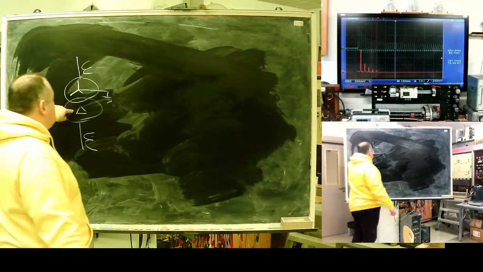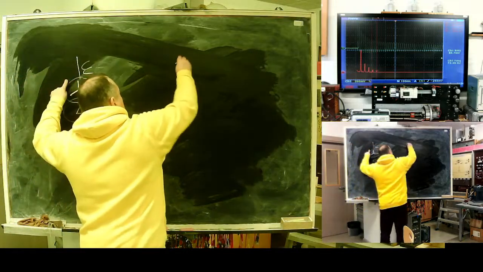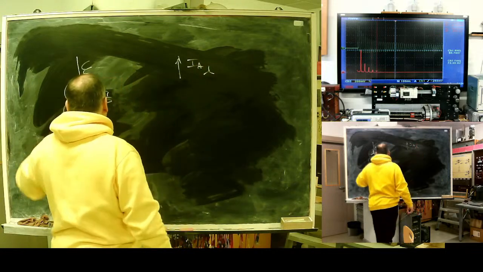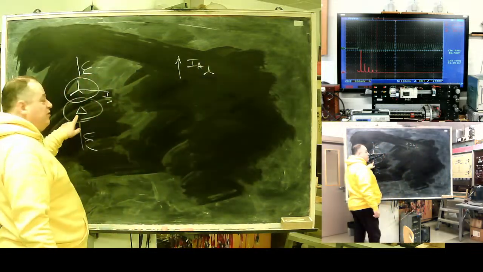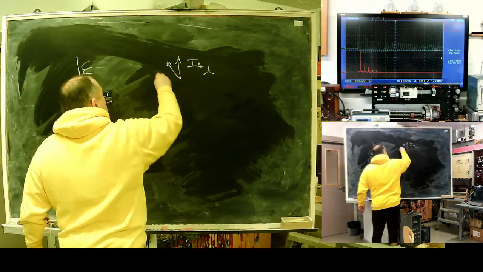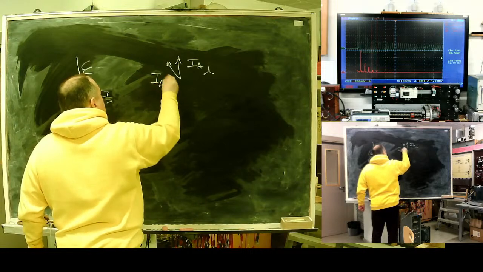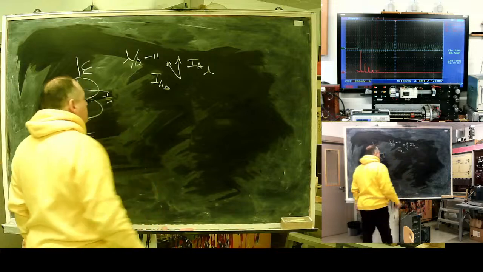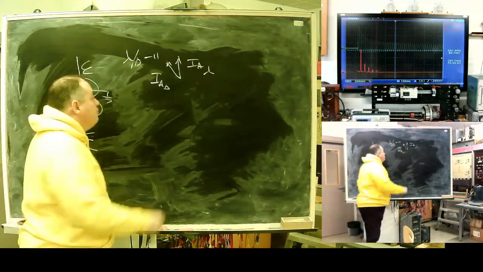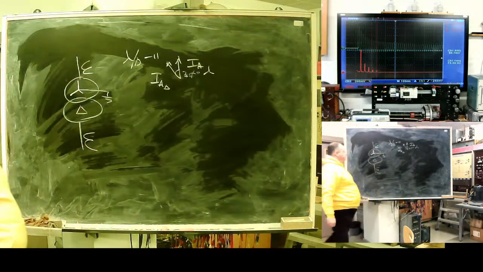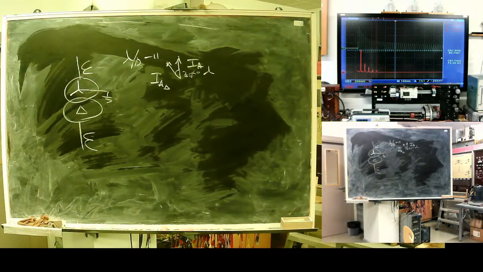Current at star, current at delta, where will be star, where will be delta? For example, I have 11 degrees. Problem of phase shift.